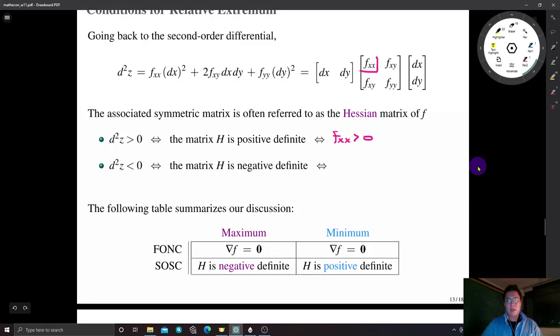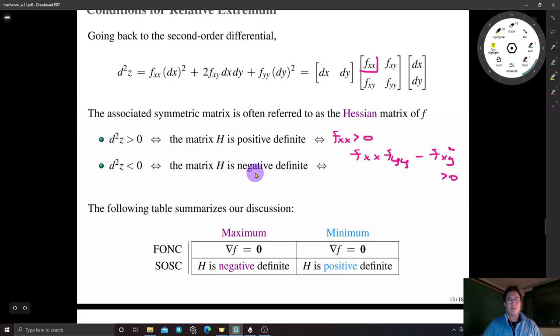Okay? And then the second, f sub xx times f sub yy, minus f sub xy squared is positive. If all minors are positive, we know the matrix is positive definite. That means its quadratic form is always positive.